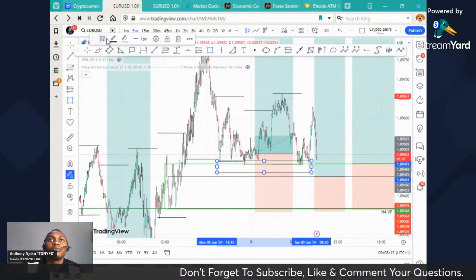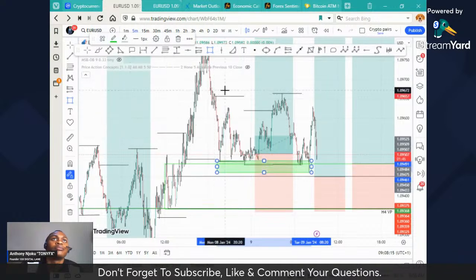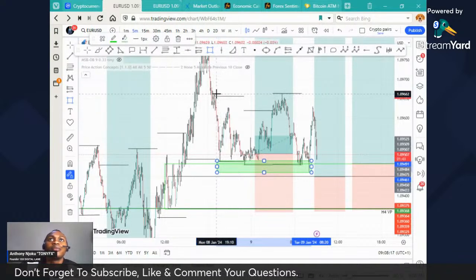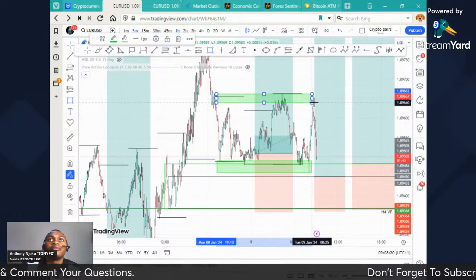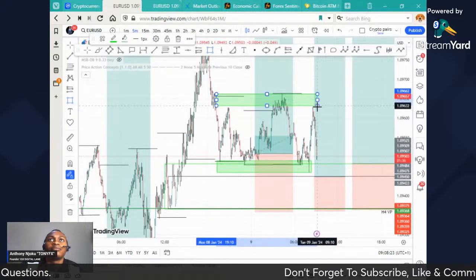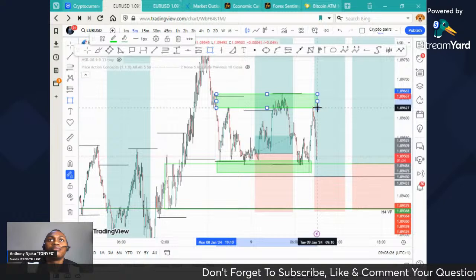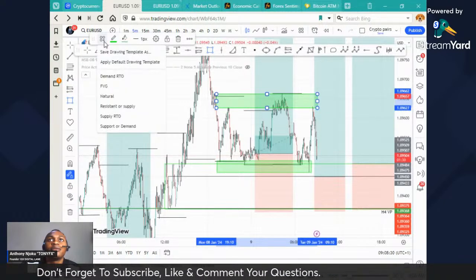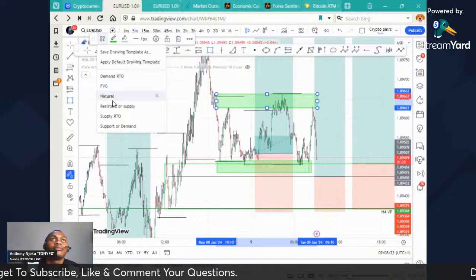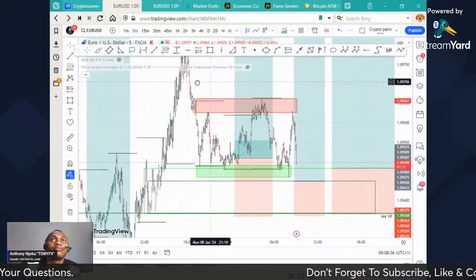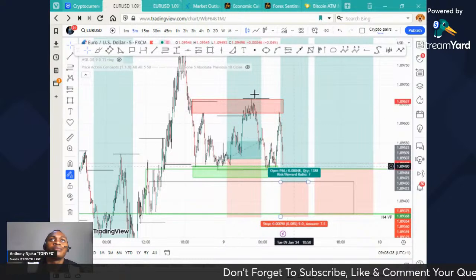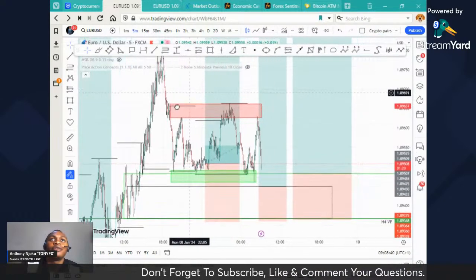And over here I see another range. It's more like resistance. I believe the market is trying to make a decision.